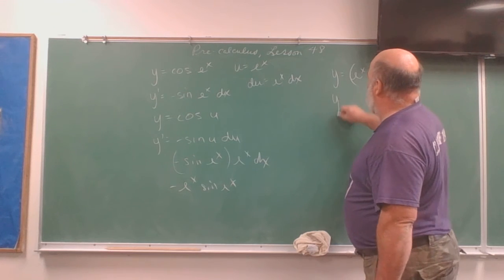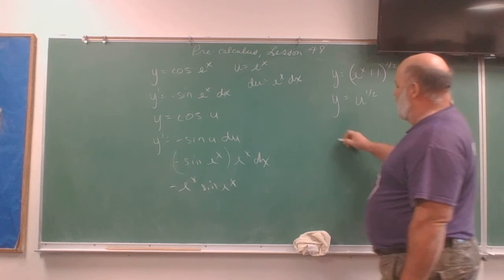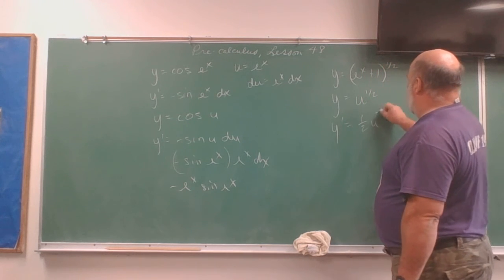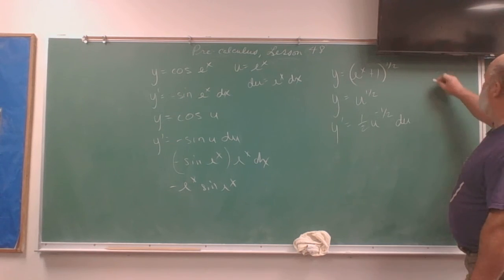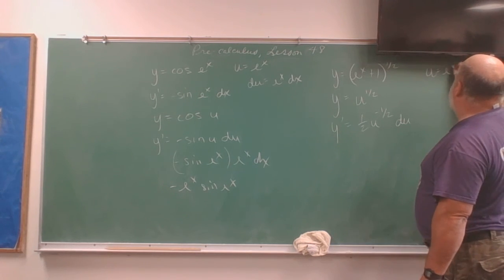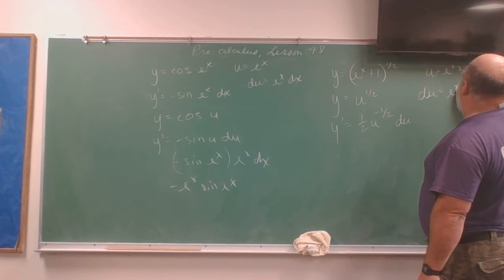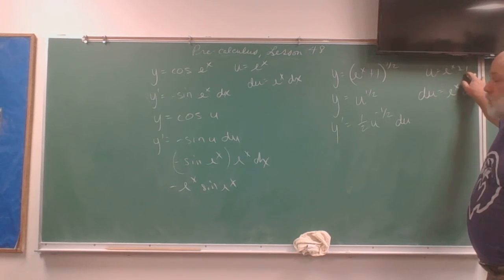I'm going to say y equals u to the 1/2 power. The derivative of that is going to be 1/2 u to the negative 1/2 du. So in this case, u equals e to the x plus 1. Du will be e to the x dx. There's no derivative of 1.